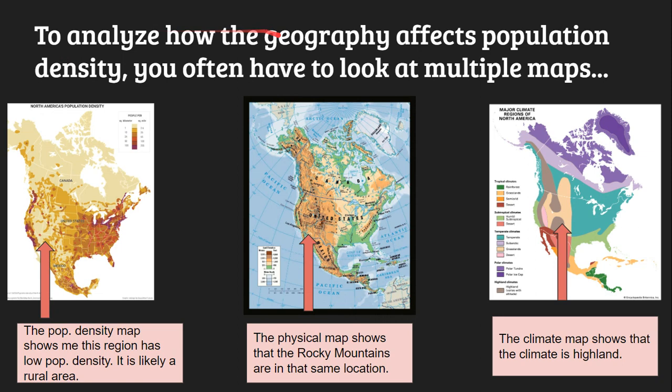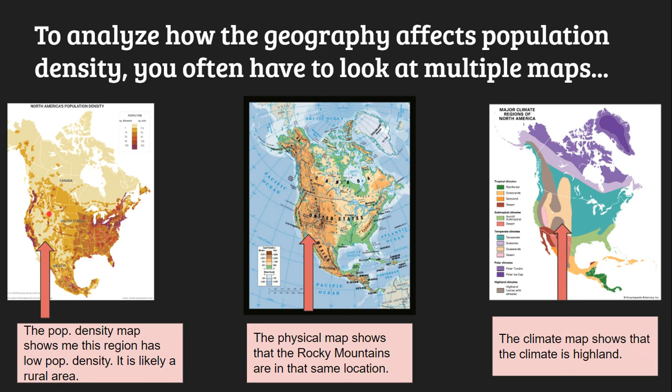So to analyze how geography affects population density, you will have to look at multiple maps. For example, if we look at this area on the population density map, I can tell it has low population density. So the question comes up, why?